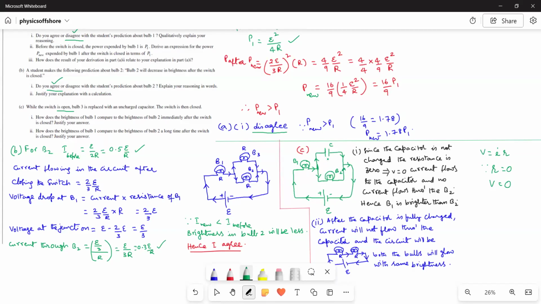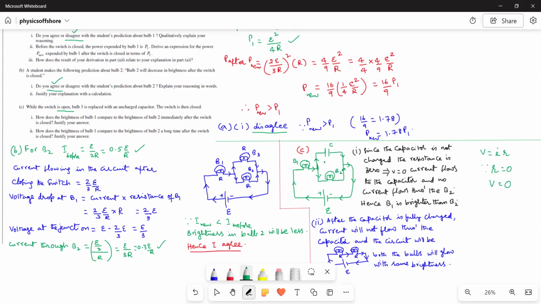When you attach an uncharged capacitor and close the switch, the entire current flows through the capacitor and the capacitor starts charging. So the bulb B1 is brighter than B2 because the current is not flowing through B2. Agree?